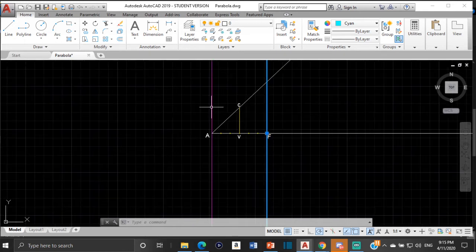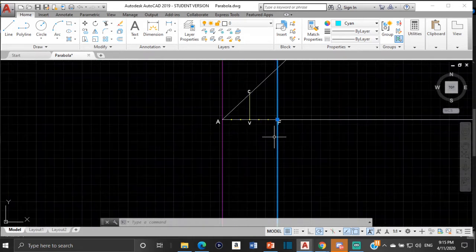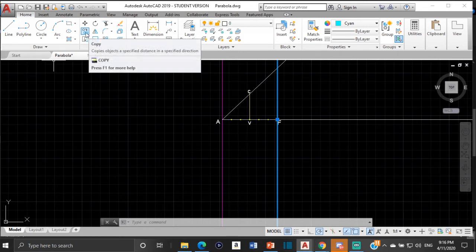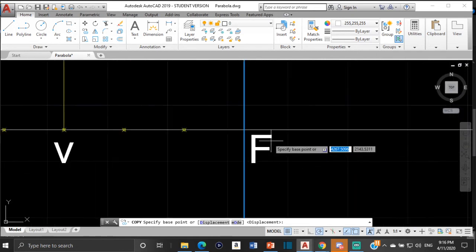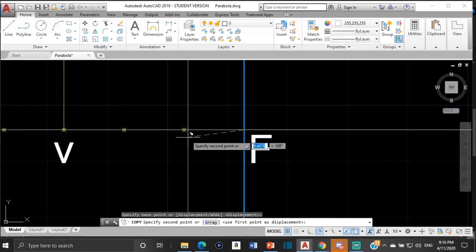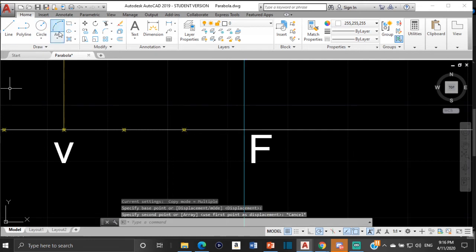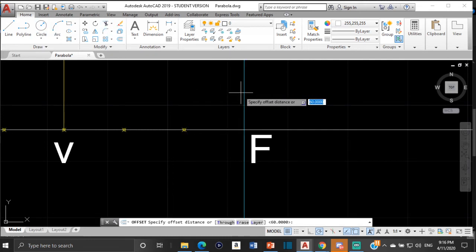All right, so what I'm going to do is offset the focus by 20, since I want to divide the line into 20, and the measurement I'm using is 20 millimeters between each point. Let me not copy, let me offset, and I'm going to offset by 20.